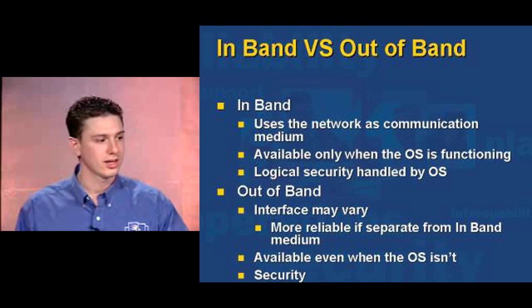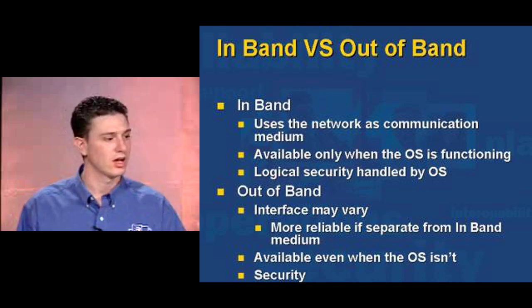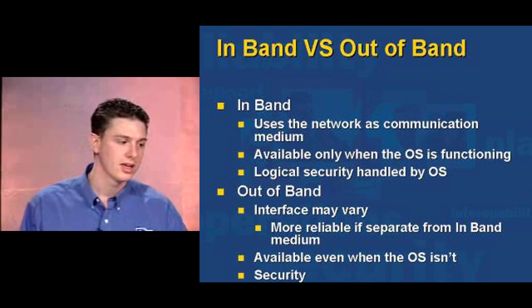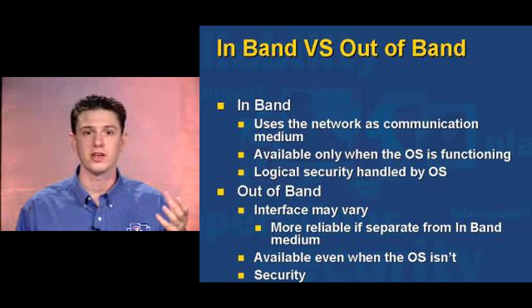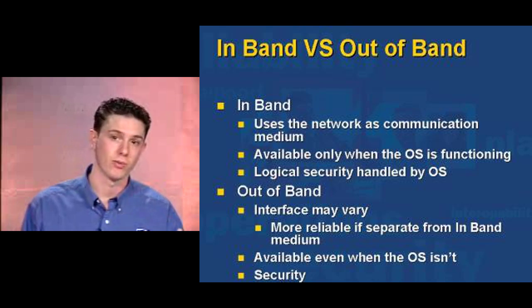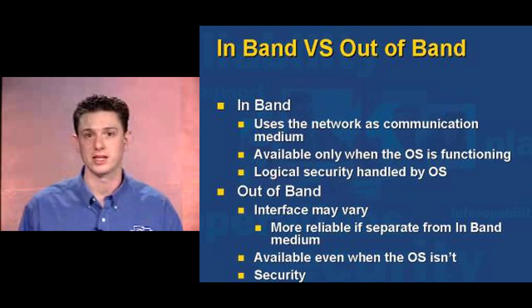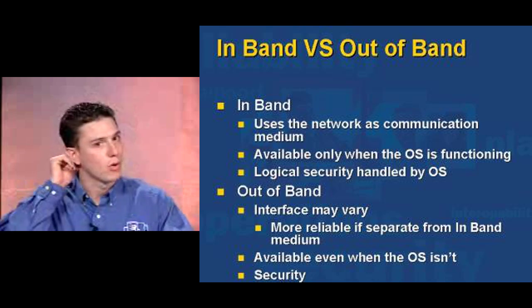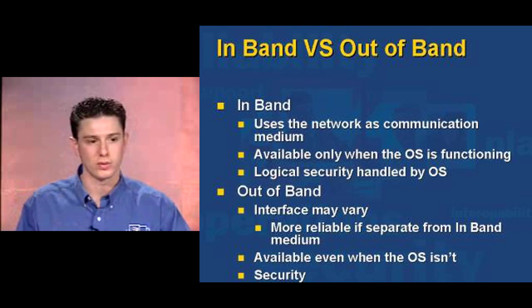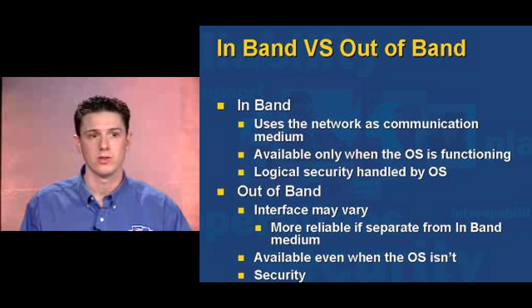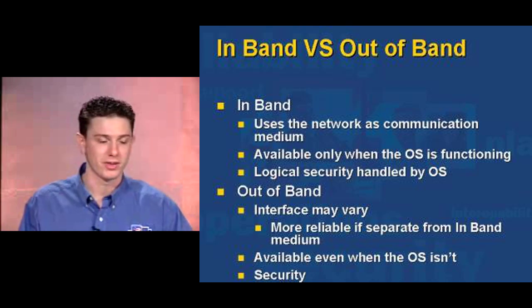When you look at the in-band state, the OS handles all the security, and we use a network stack, as I mentioned. When we look at the out-of-band state, security varies. The medium varies. It may not be a network card. It may be on a serial port. It may be on some other device in the future. The out-of-band obviously needs to be the most reliable management network, because if it isn't reliable, when the system has problems, you won't be able to get to the system.